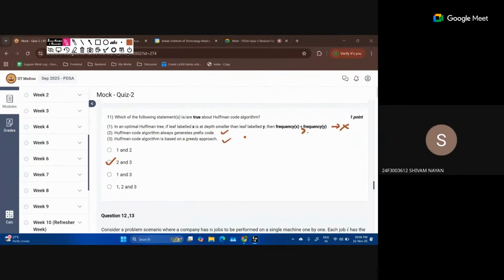Less frequencies are close to leaf nodes. No, no, never.